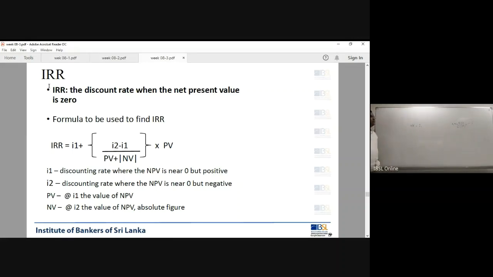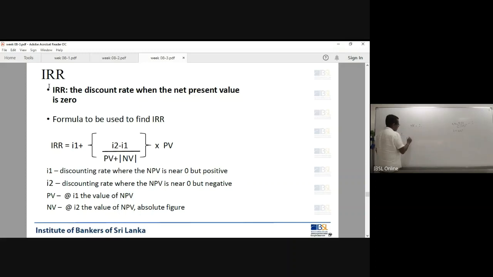You take a guesswork, I equals 20%, to calculate the NPV. I equals 1, then you will get 7,000.